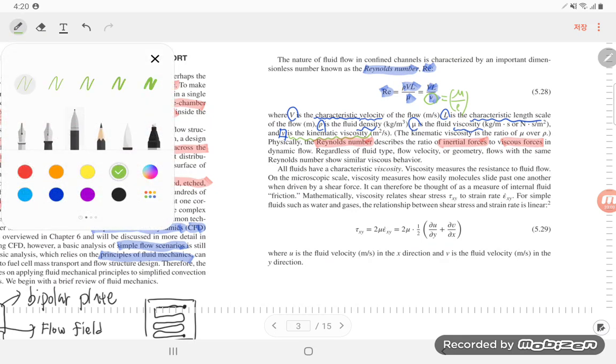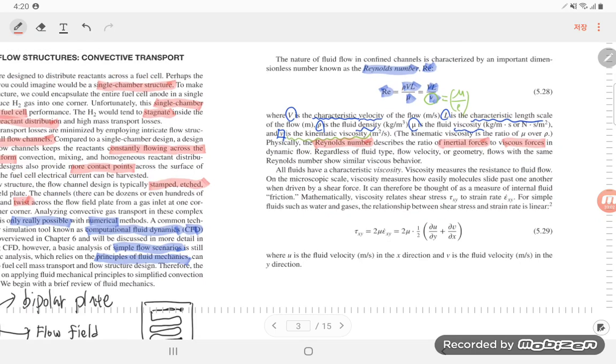Okay, here the rho V L or rho V D in this study is the inertial force, and this mu is the viscosity, the viscous force.